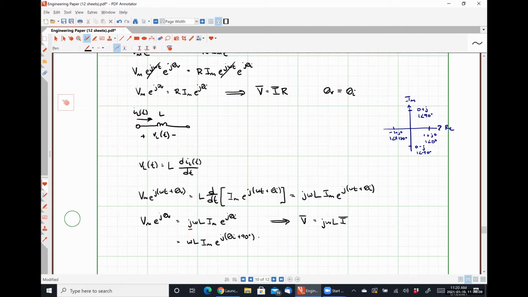I did this explicitly so that we can see the angular relationship. So θv is exactly equal to θI plus 90 degrees. We're going to use this relationship frequently, so I wanted to explicitly show you where it comes from.